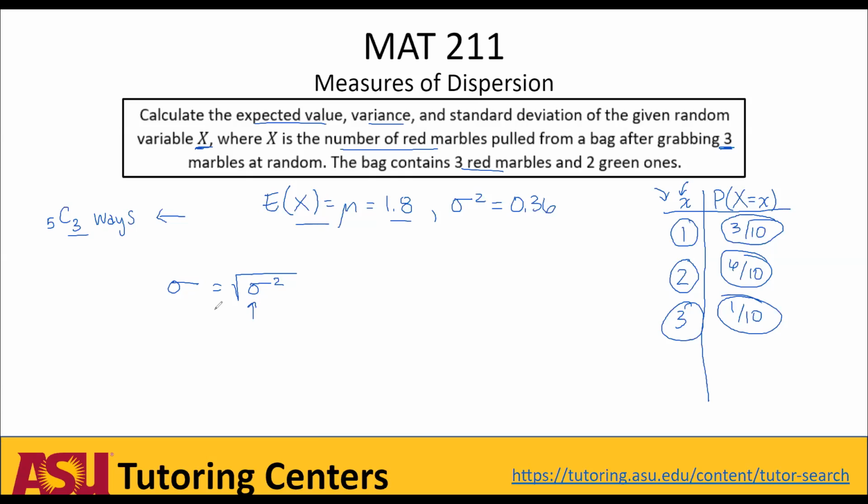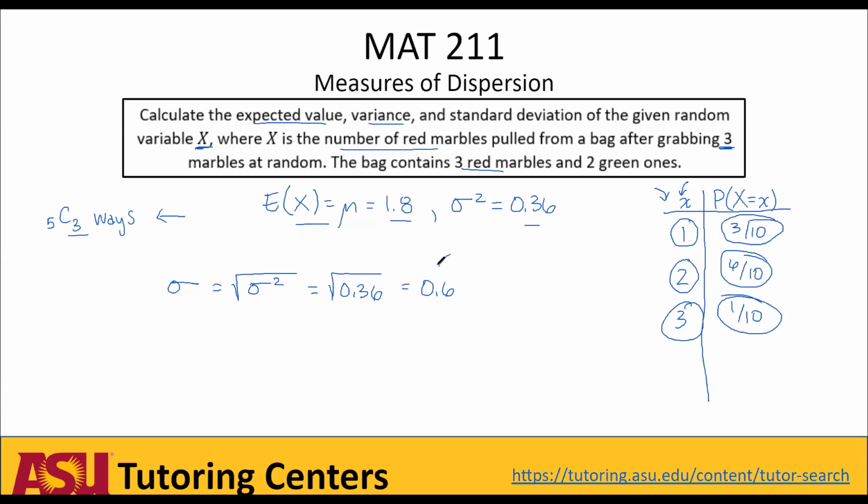Hence, we use the same notation for them, sigmas here. So this just means that we're going to take our variance, which we calculated as 0.36, and take the square root of it. This is equal to 0.6.